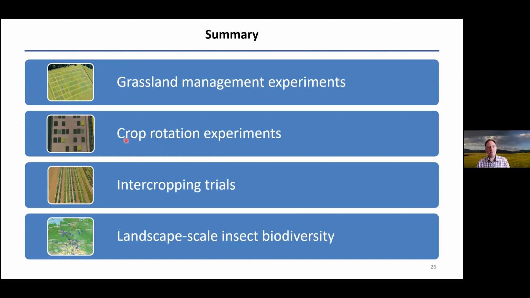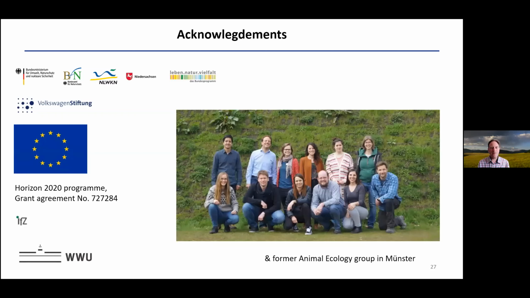Crop rotation experiments showing that crop identity is really an important component of agrobiodiversity. We had a brief look at intercropping trials, and I briefly discussed potential trade-offs between yield and biodiversity. And then we looked at landscape scale insect biodiversity, so what can be done to upscale all these kinds of approaches to real-world farming systems. And with that, I'm done.